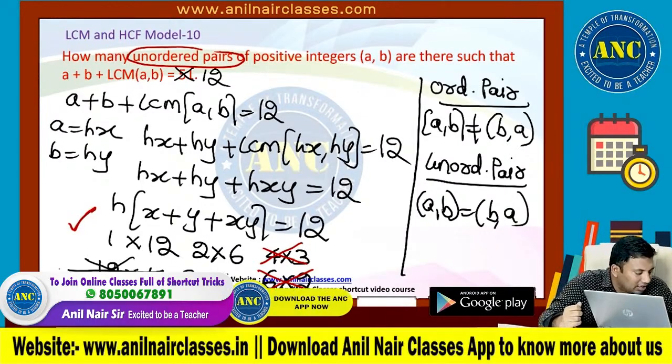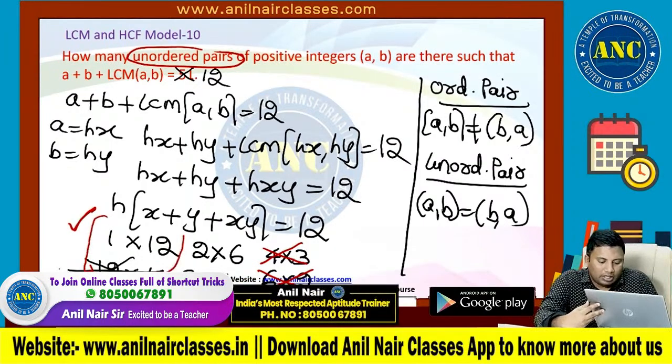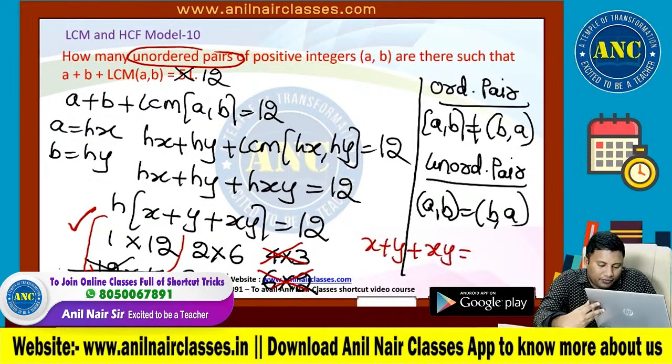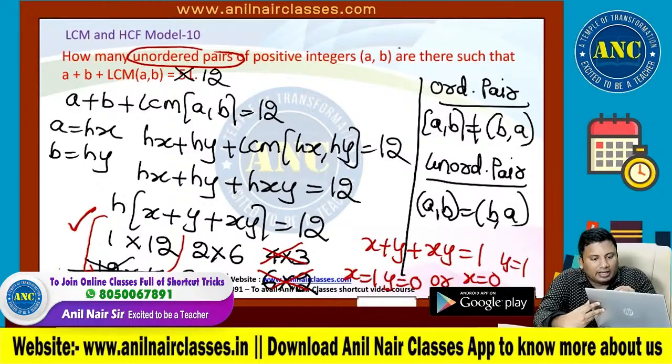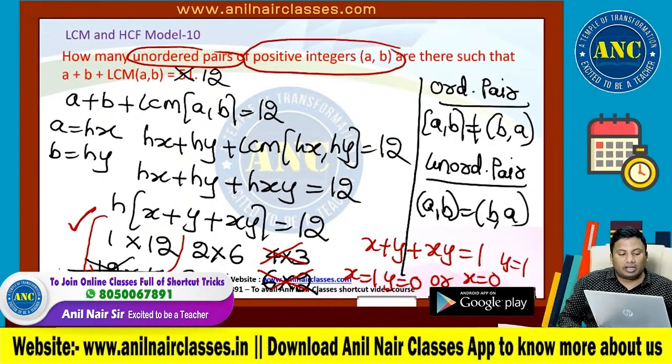Why? Because, Banu, if H is 12, then x plus y plus xy is 1, which means x is 1 and y is 0, or x is 0 and y is 1. It is a positive integer, so x and y cannot take 0.